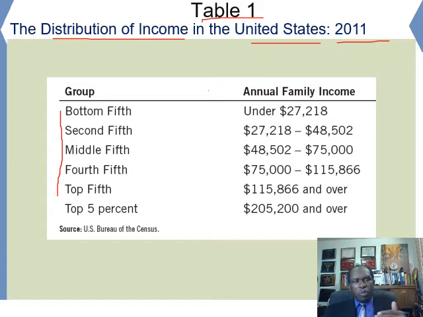For instance, the bottom fifth, the poorest group, earns under $27,000. The top fifth group, which is the richest group, earns about $115,866 and over. The top 5% earn over $205,200.